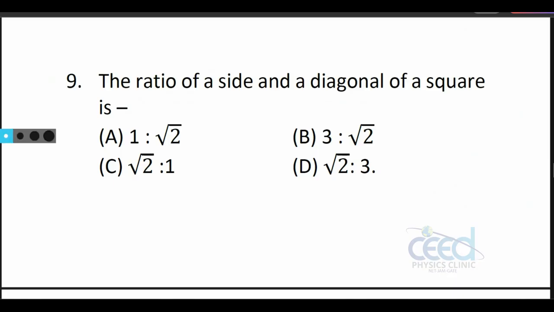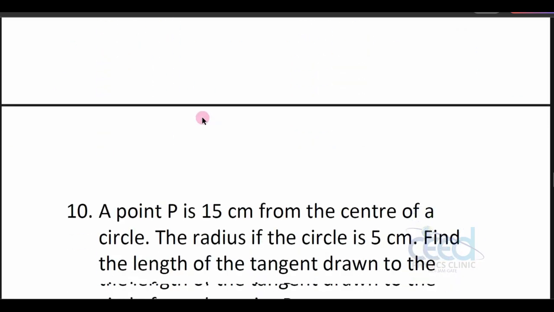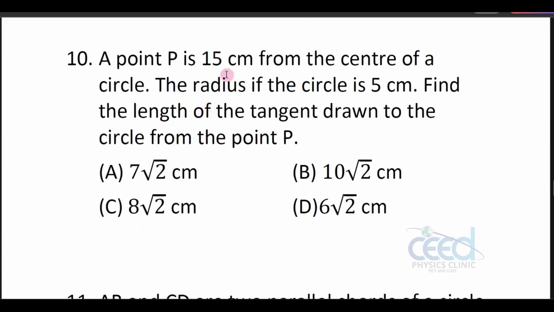All right. Now let us go to another question. A point P is 15 centimeter from the center of a circle and the radius of the circle is 5 centimeter. Find the length of the tangent drawn to the circle from the point P. So you have a circle given.